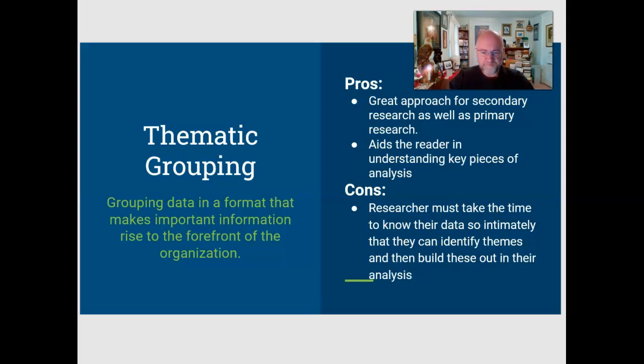The problem is you really have to take a lot of time knowing what your data is so intimately that you can find those themes and then build them out in the analysis. It's okay to do. It's just going to be time consuming. And in all these cases, the con could be time consuming, right? Because you're analyzing data. That's why we set aside the whole month of February for you to really dig deep into your analysis. Okay?